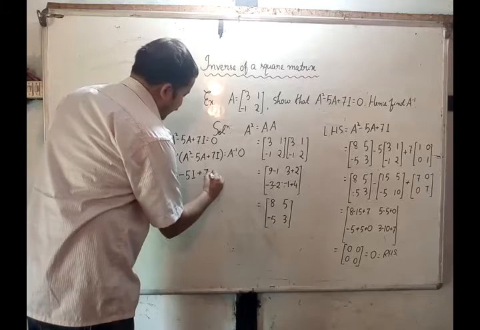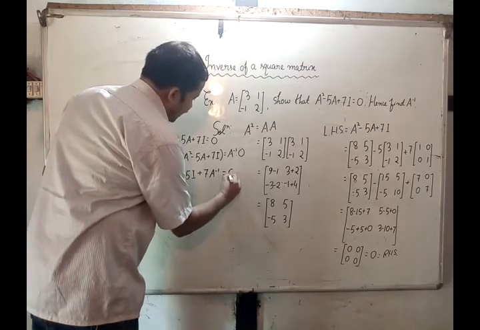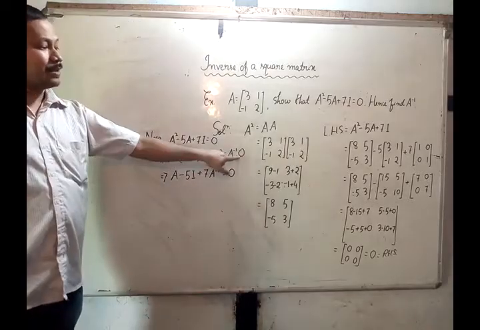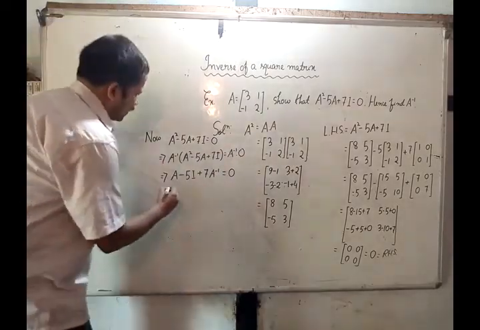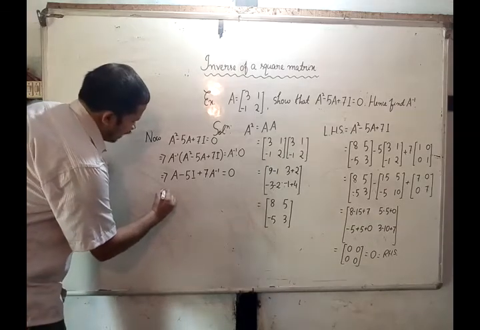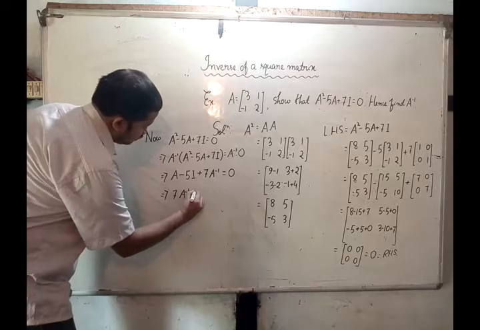The multiplication of a null matrix with any matrix is a null matrix. So from that we are getting 7A inverse equal to 5I minus A.